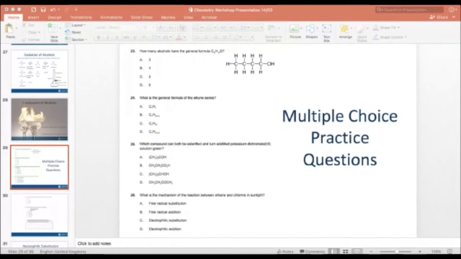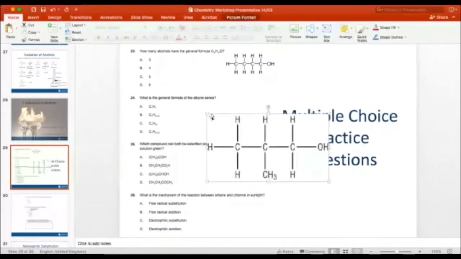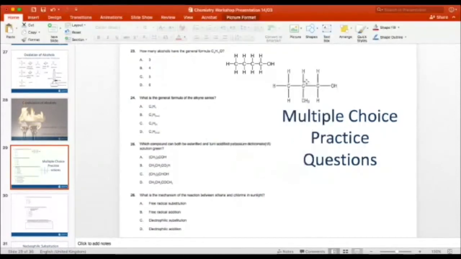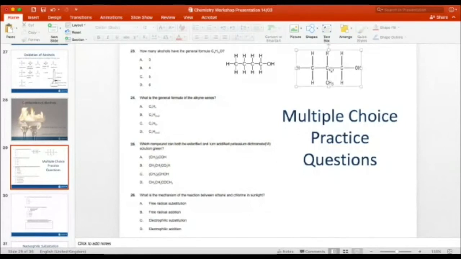It's going to look like this guy. So that gives us 3 options. And the last option is if I then move that hydroxide and put it on the central carbon here instead of this hydrogen. So that would then be 2-methylpropan-2-ol rather than propan-1-ol. And so that's how you get your 4 options up here.